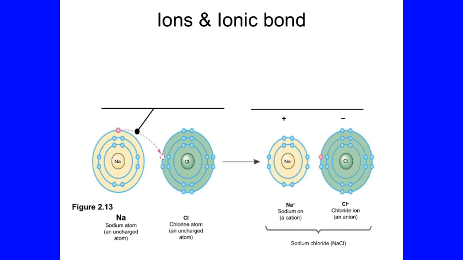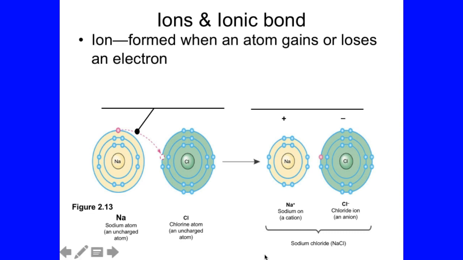Ions and an ionic bond. An ion is formed when an atom gains or loses an electron. Remember, ionic bonds are basically where one metal loses an electron and one gains it. So when that happens, you have ions form. First of all, anion, I like to think about it like anabolic steroids.